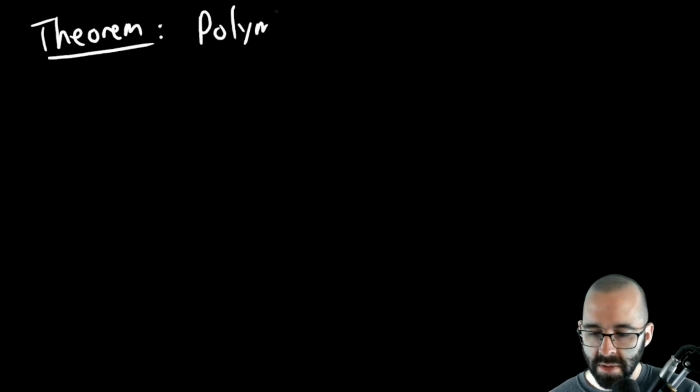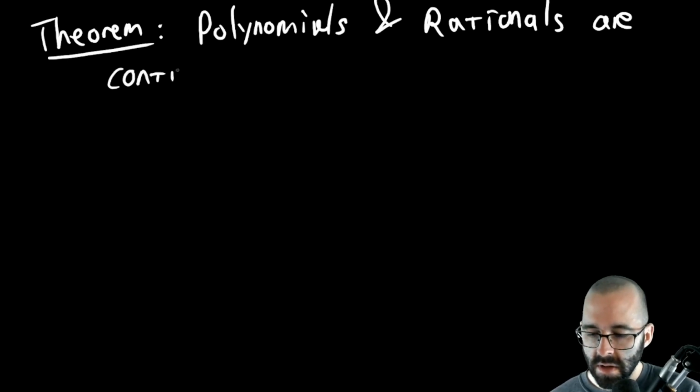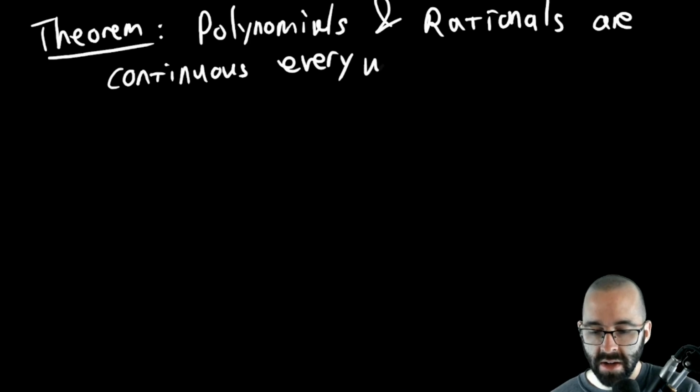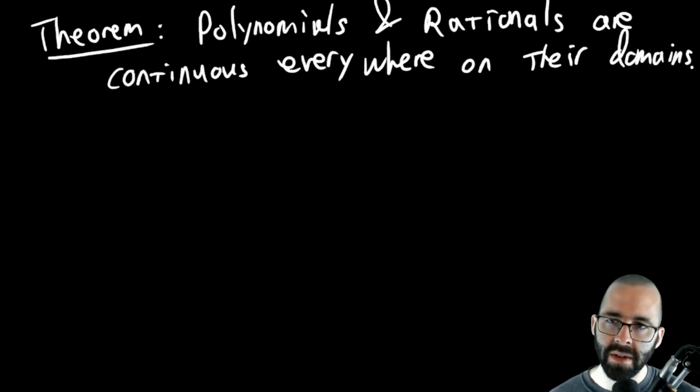Polynomials, I don't know how to spell. Polynomials, still don't know how to spell. And rationals are continuous everywhere on their domains. And you might say, Jason, hold up.